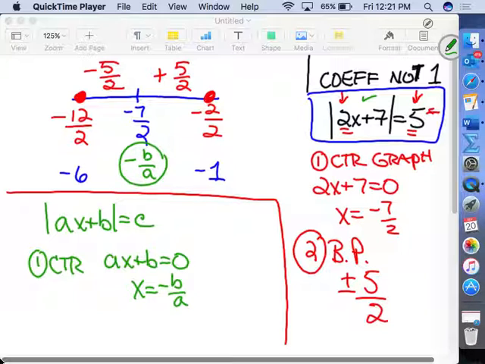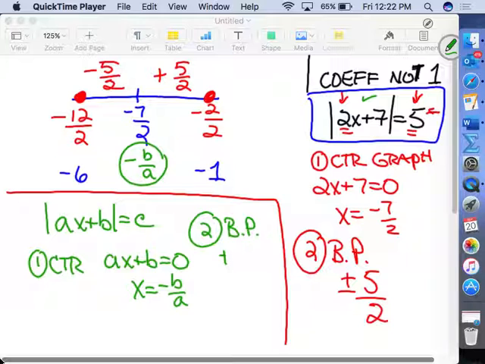To find my boundary points, I'm going to take my center and I'm going to add and subtract c divided by a. Let me give myself a little bit of space. Step number 2, finding my boundary points.